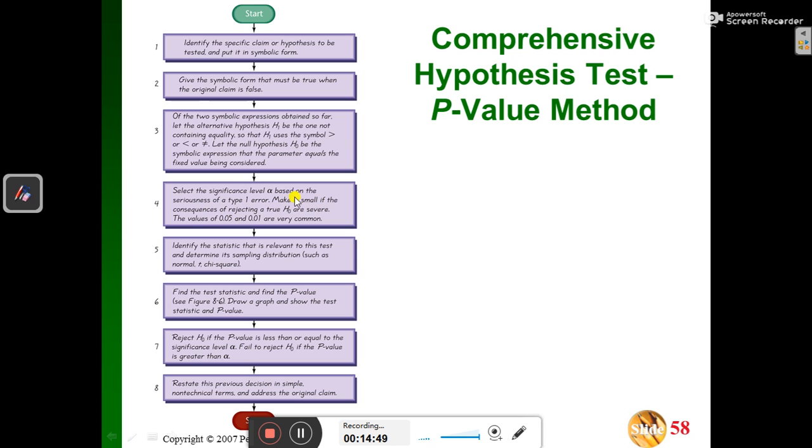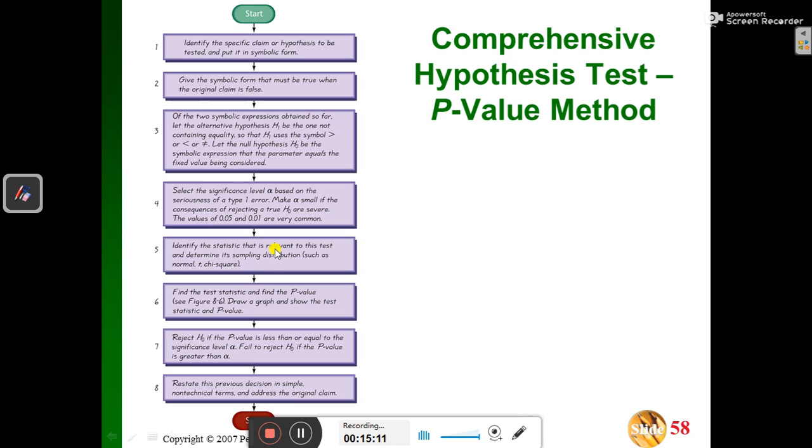If we reject a true H naught, the consequences might be very high, then we need to set alpha small. The values of 0.05 and 0.01 are very common.